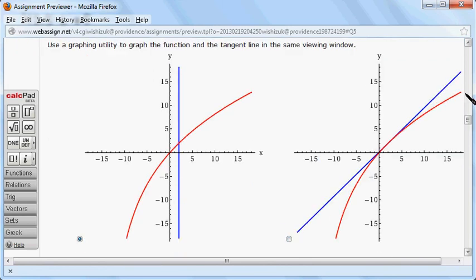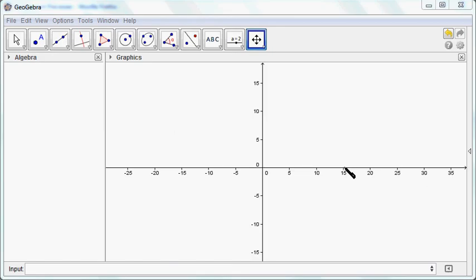Let's sketch the picture using GeoGebra. Let's type it in. The original equation was y equals 4x divided by the square root, so it's going to be a parenthesis x plus 14, raised to the 1/2 power.